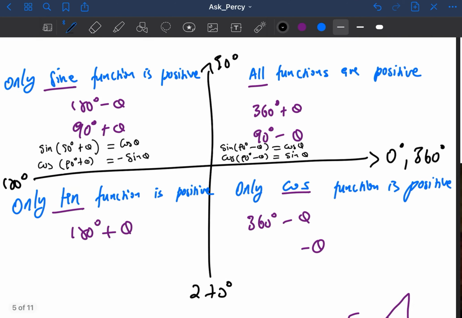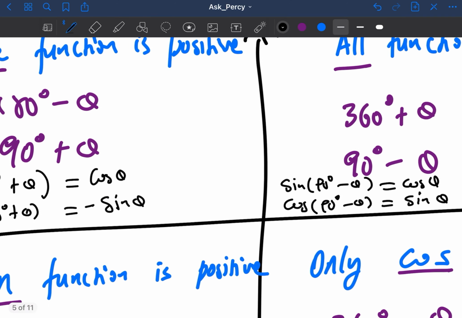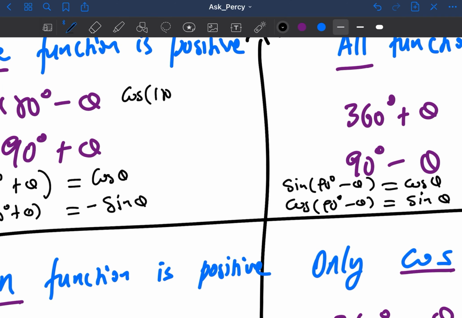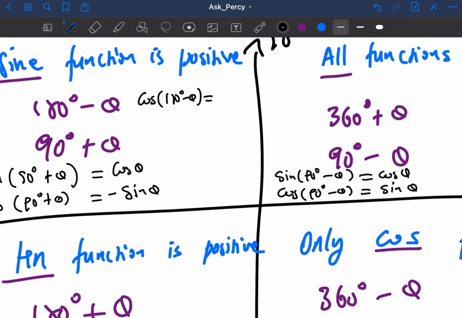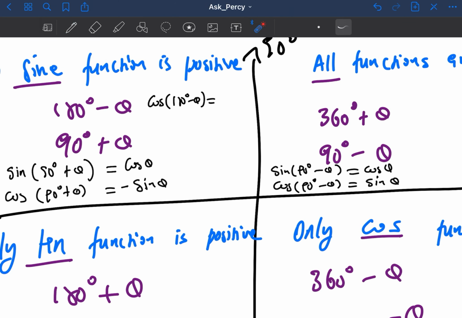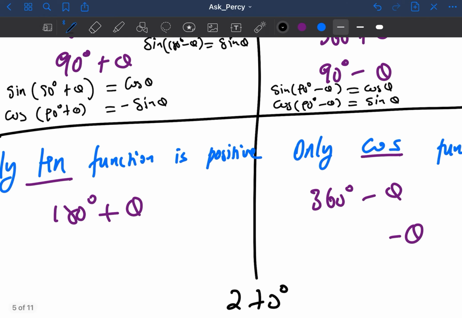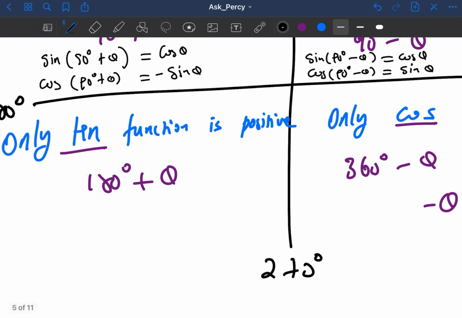What is cos of 180 degrees minus theta? 180 degrees minus theta is in the second quadrant, and only sine is positive there, so you have negative cos theta. Now sine of 180 degrees minus theta is, as you guess, positive sine theta, because this is in the second quadrant and sine is positive there. And what about 180 plus theta?